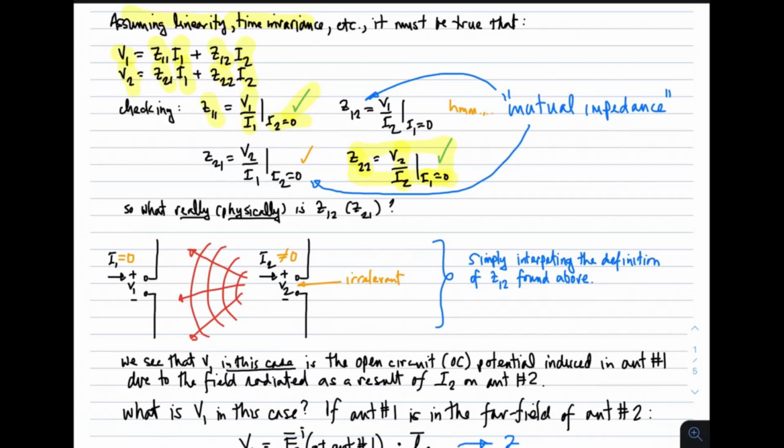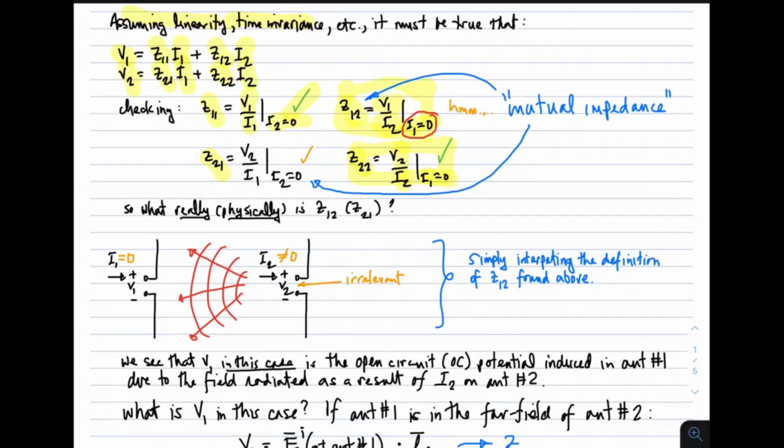Now what's interesting here is that we now have these two other coefficients, Z sub 12 and Z sub 21. So just to look at one of these, say Z sub 12, we see that Z sub 12 is the ratio of V1 to I2 when I1 equals 0. In other words, we make I1 equal to 0.